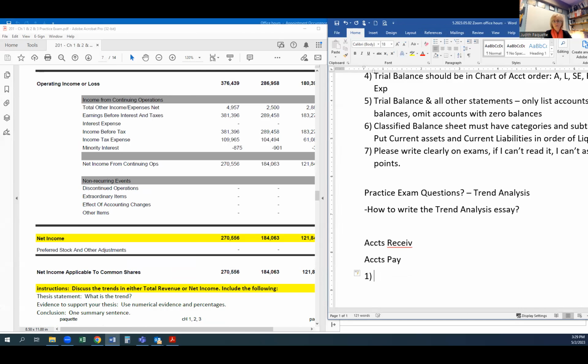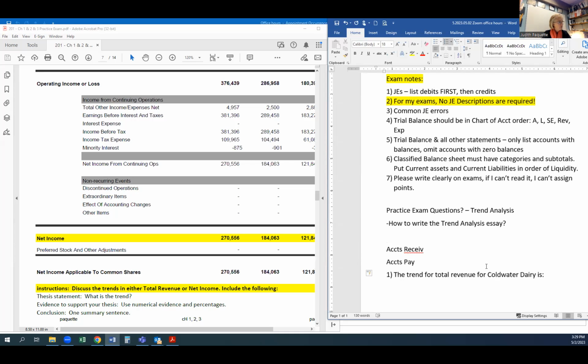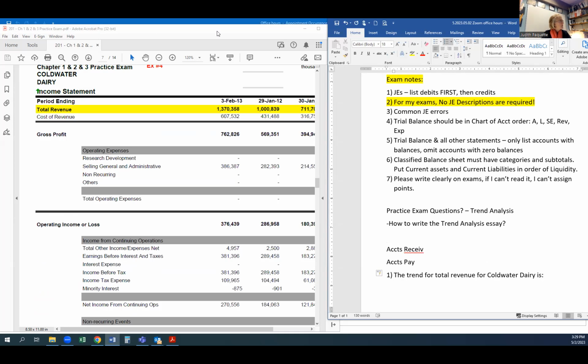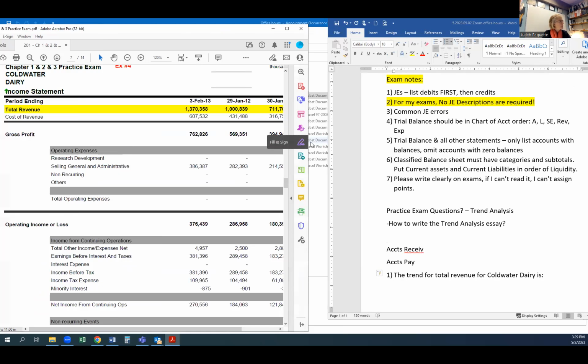So sentence one: the trend for total revenue for Coldwater Dairy is what? So let's go back and look, or you can look above. What would you say about the trend for Coldwater Dairy?